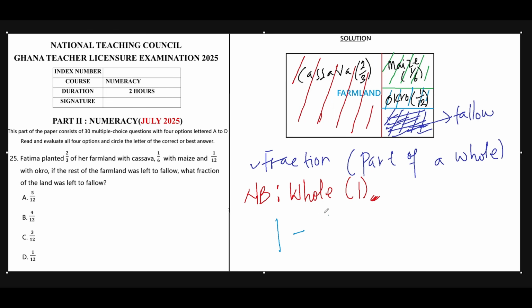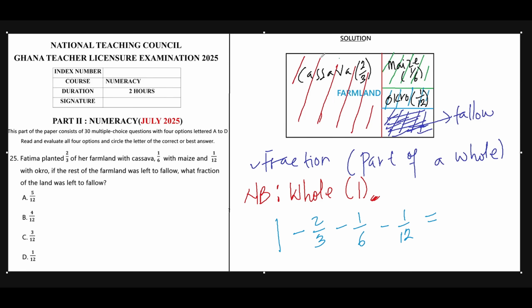So 2/3 for cassava minus 1/6 for maize minus 1/12 for okra. The balance will be the fraction that was left to fallow.